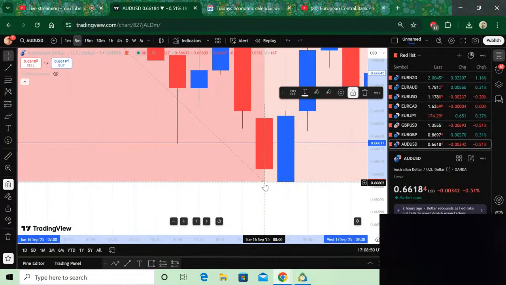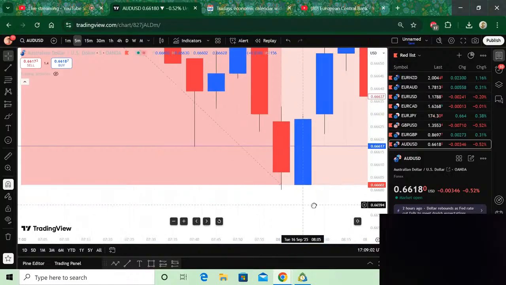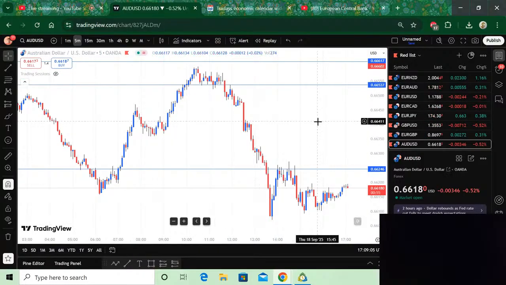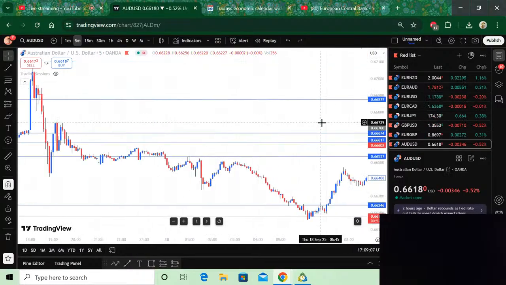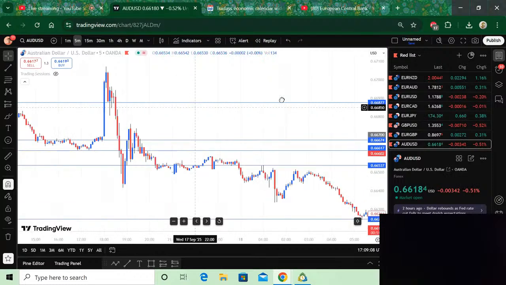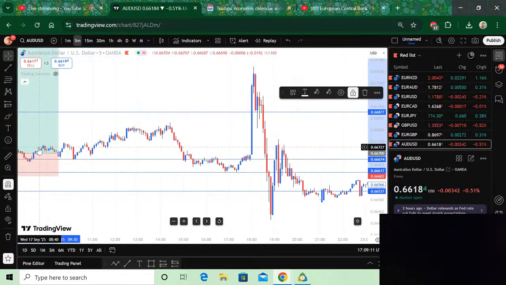This is because we did not give it enough breathing space. So it hit our stop loss and it was a complete bust. We're like, okay, we've hit the loss, we've taken the L. Let's move on from the trade.